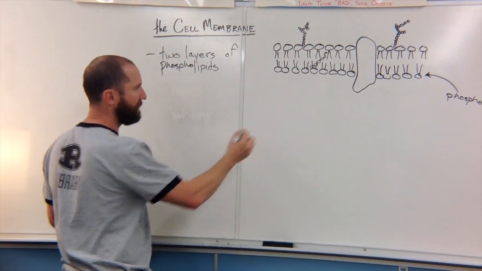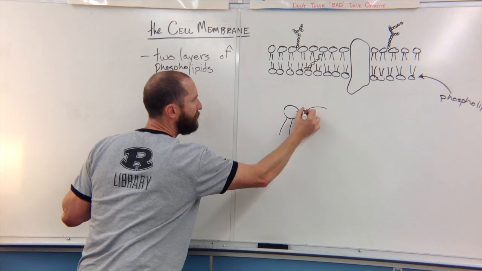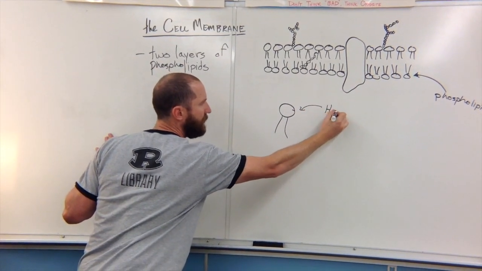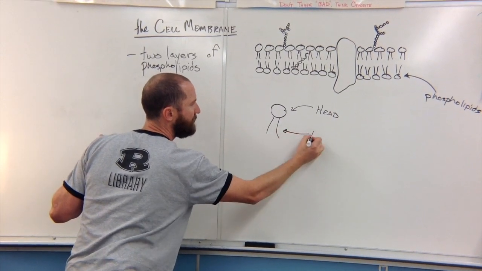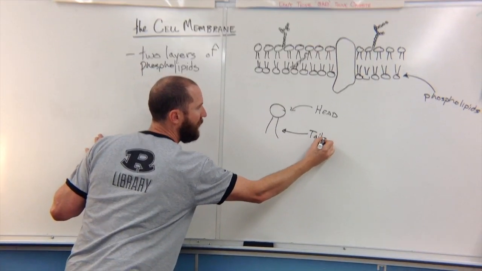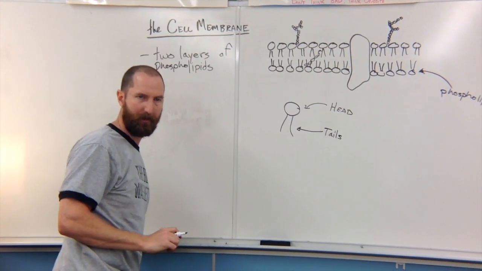And these phospholipids, with their interesting shape, they have what is referred to as a head, and then they also have tails. And the head and tails have very different characteristics from one another.